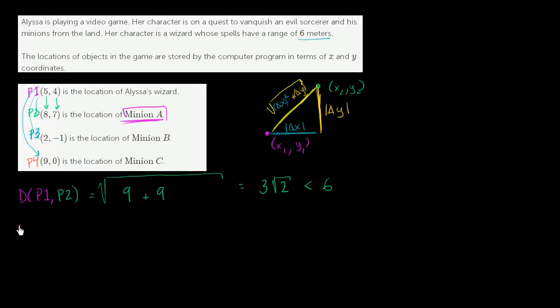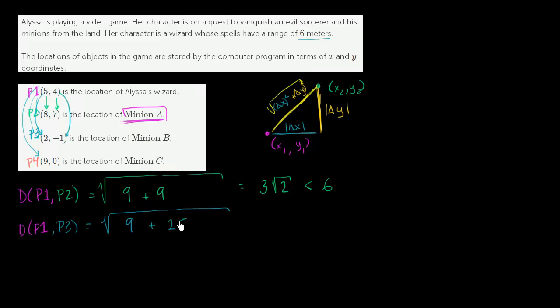So the distance between P1 and P3 is going to be equal to the square root of, so your change in x, it's -3. -3 squared is +9. Our change in y, to go from 4 to -1, it's -5. That squared is 25.